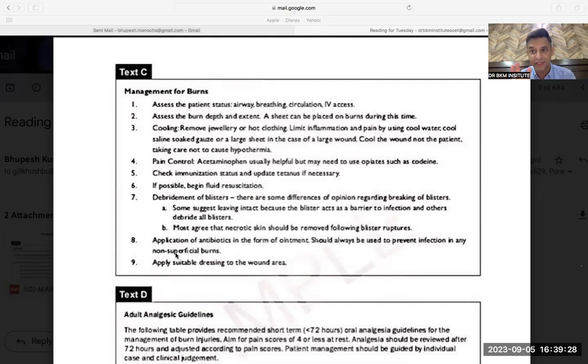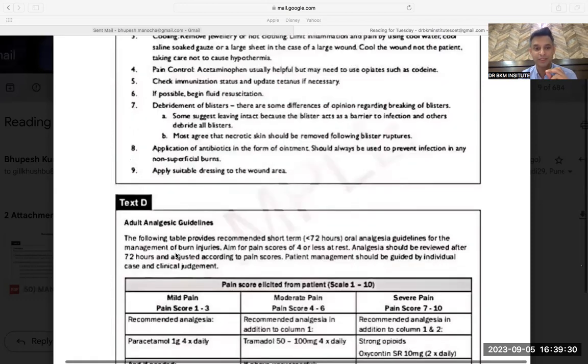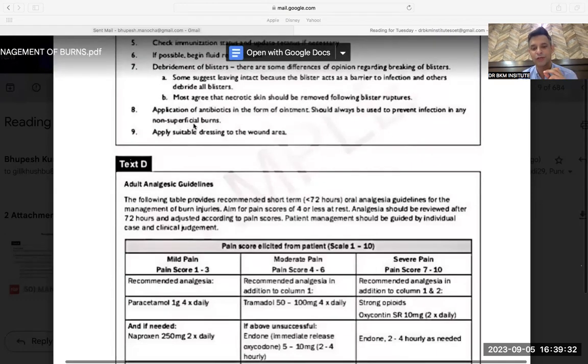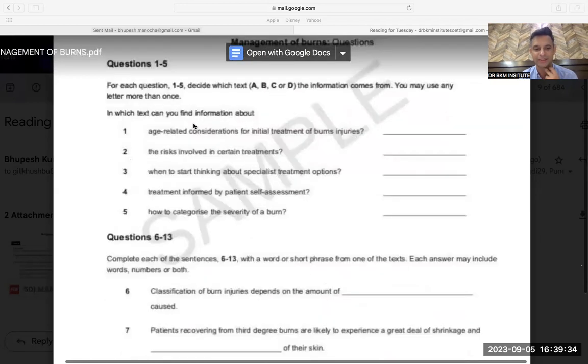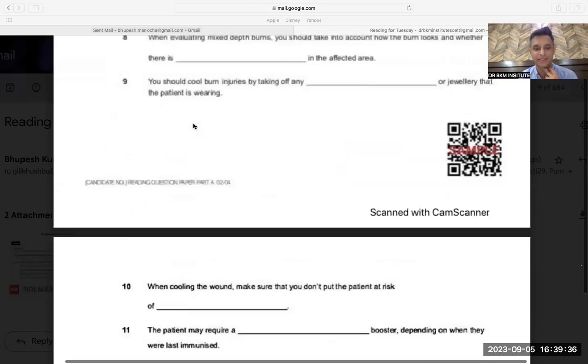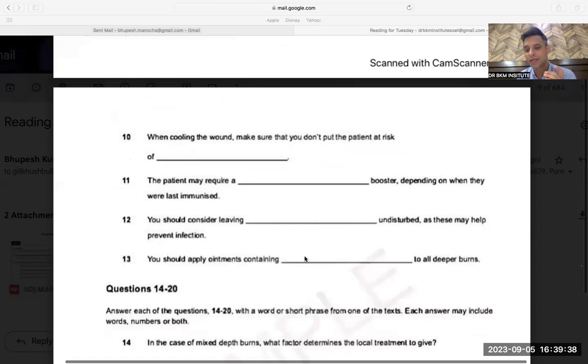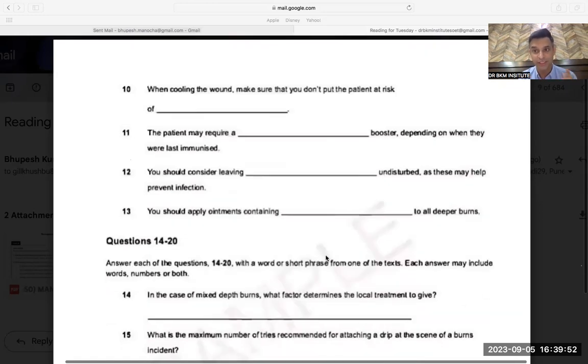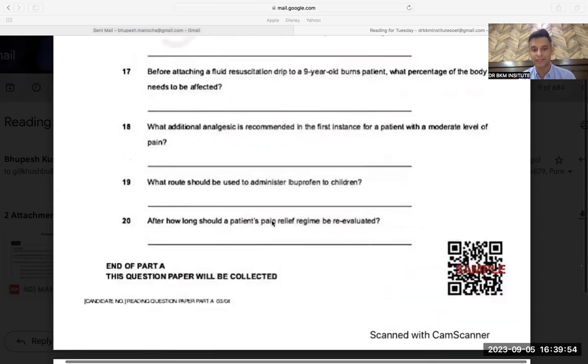This is a little difficult reading. So non-superficial burns means deeper burns, application of ointments containing antibiotics. So obviously my 13th answer I will find later on. Now this question is also right because I left it for some time, and that is where my mind gets a chance to redo it. But if I am stuck on that part, exam is gone. So this is the main technique I want to tell you.